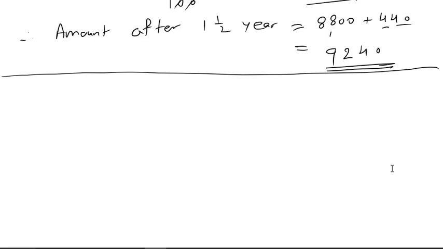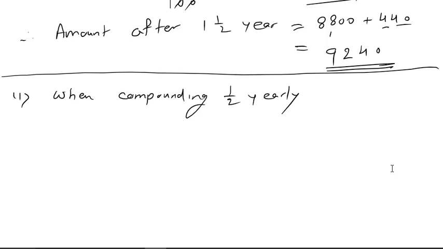Second is when compounding half yearly. Half yearly. So when we are compounding half yearly, R will become 10 upon 2, which is 5, and N will become 1.5, that is 3 by 2.